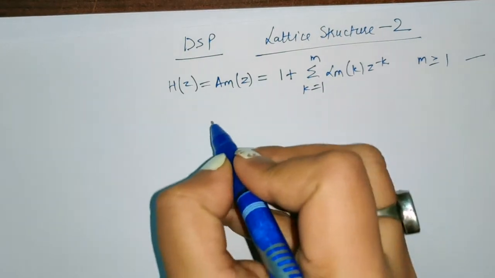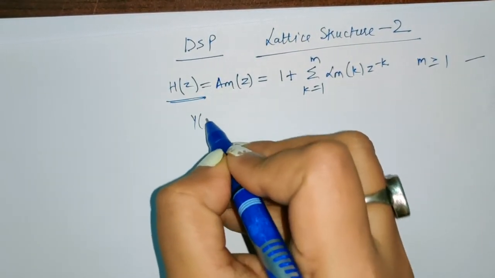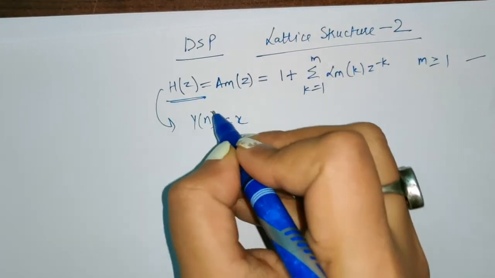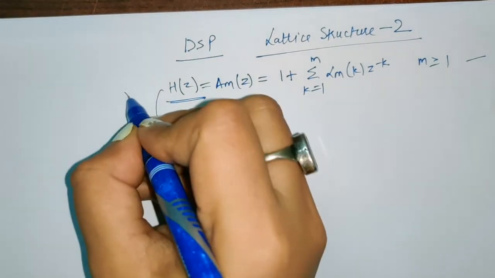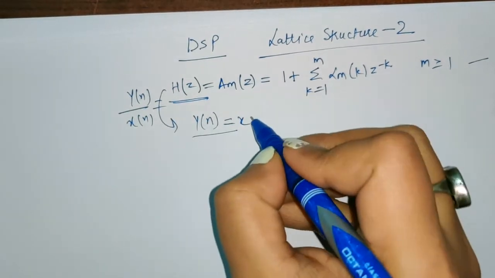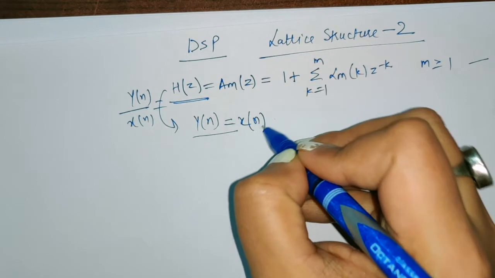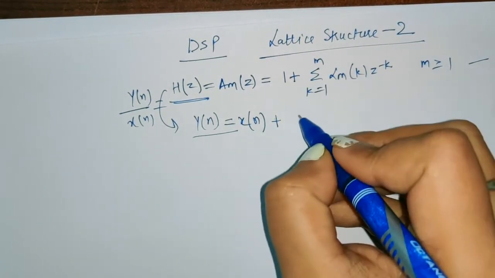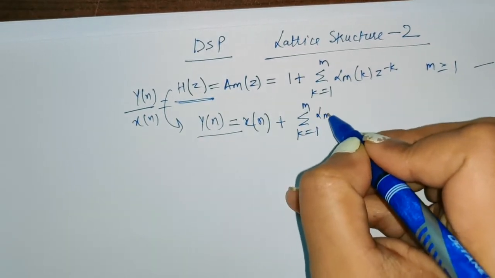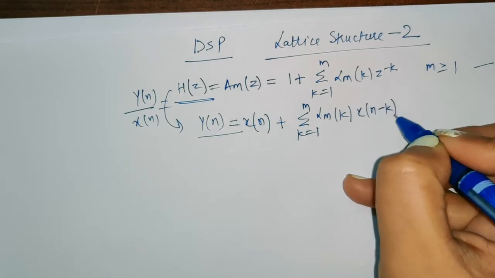From this we can write, because this transfer function is nothing but y upon x, your output upon input, so we can write this equation like this also: y(n) equals x(n), because 1 is getting multiplied by x(n), plus the summation k equals 1 to m of alpha_m(k) x(n minus k).